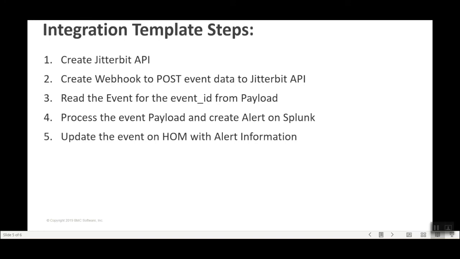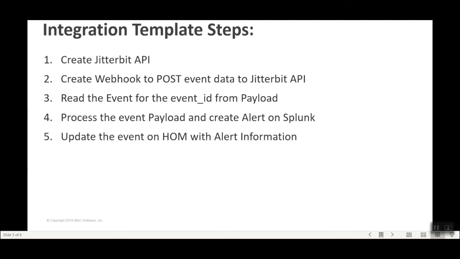When an event is created or updated, a webhook will be triggered, and this webhook will post the event data to the Jitterbit API that is created in step 1. And we create the webhook with the API that is created in step 1.